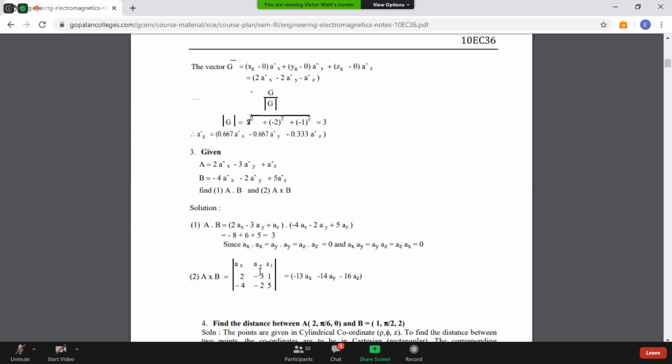When I take out this column, you would end up with minus 4 minus 10, minus 14.